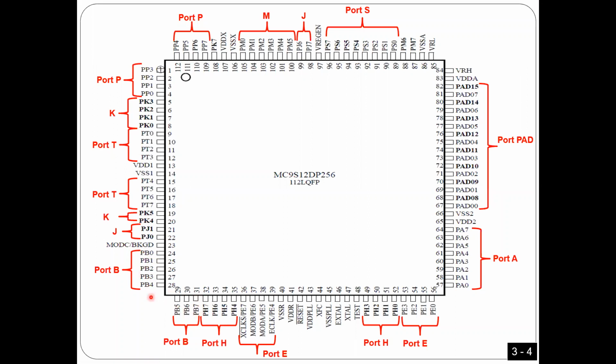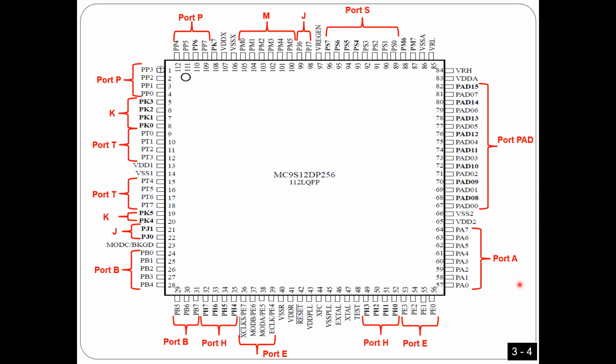So 8 bits in port B. We are going to use port B, as I'm going to explain later, to connect the LEDs, right? We have port H. Look, port H. This is PH0, PH1, 2, 3, 4, 5, 6, 7. So we have 8 bits for port H. Port H is where we connect the switches.